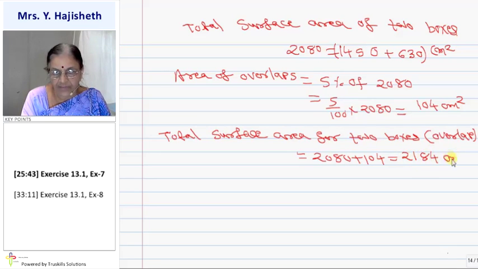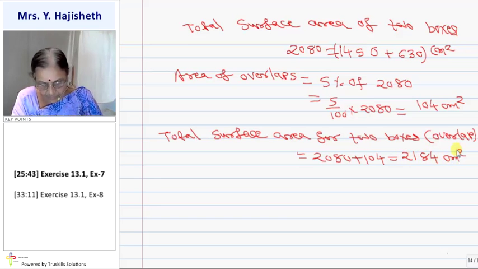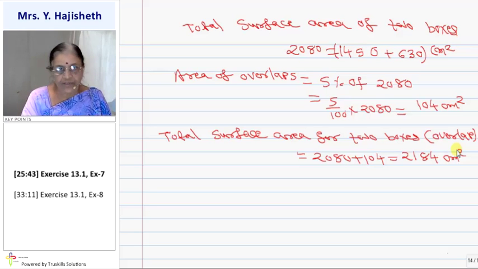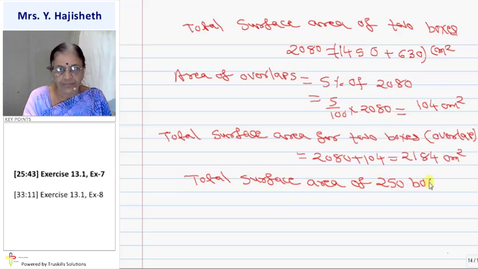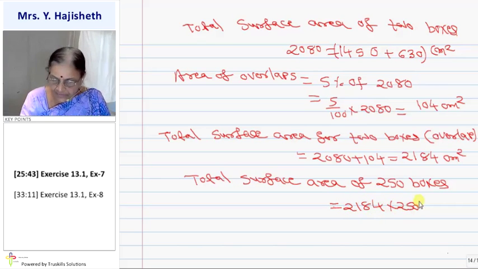This is for one pair of boxes. But there are 250 sets. Okay. So total surface area of 250 boxes of both kind is 2184 into 250, and it is coming 546000.